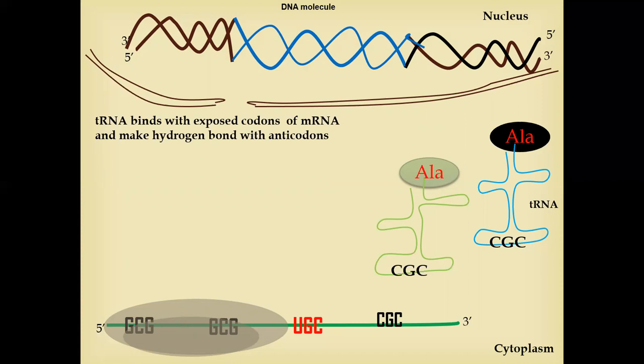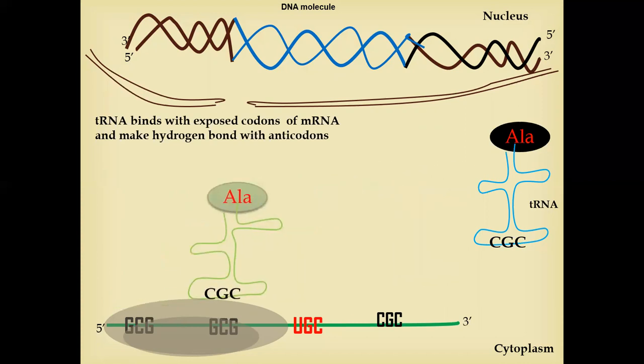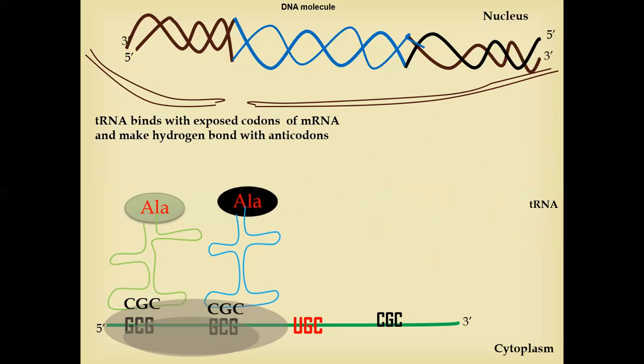So there is a triplet anticodon sequence on the opposite side of the transfer RNA. It will bind with the exposed triplet codon sequence on the surface of messenger RNA. And at one time, if two triplet codon sequences are available, two transfer RNAs can bind with messenger RNA.